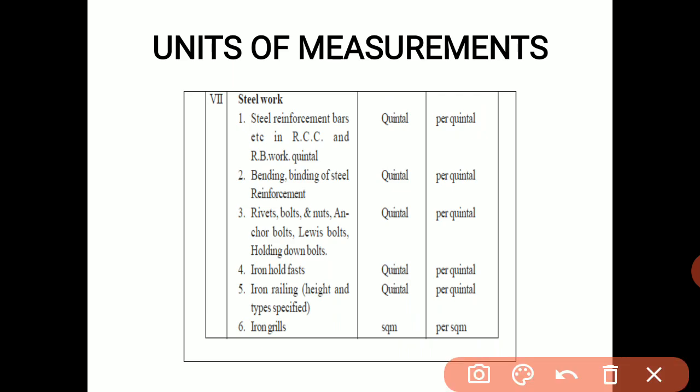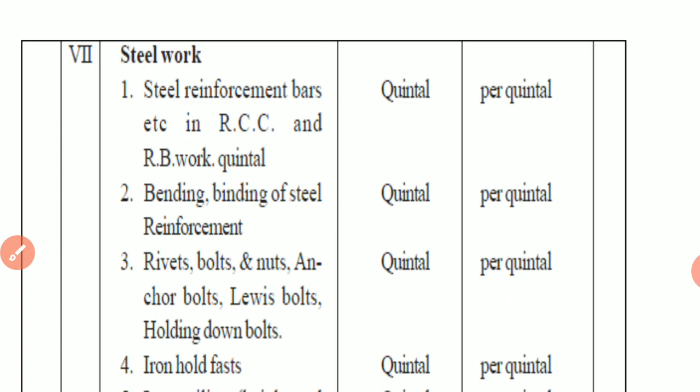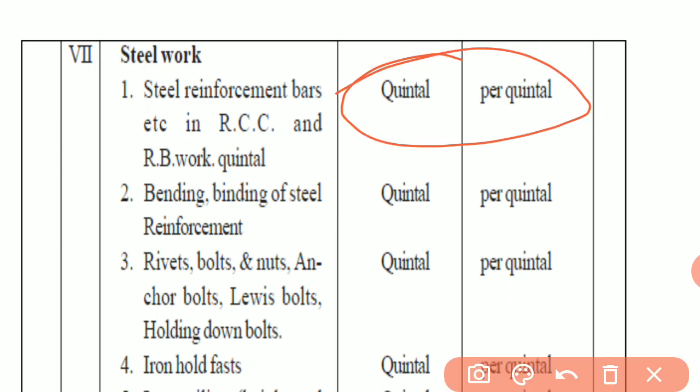Then the next one is steel work, steel reinforcement bars, RCC bars or RB work, which is measured in quintal. Just remember one thing, steel bars are measured in kg.